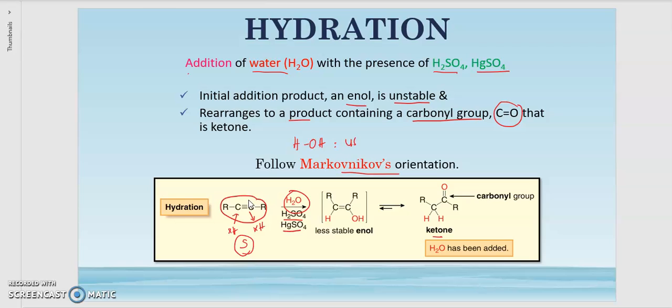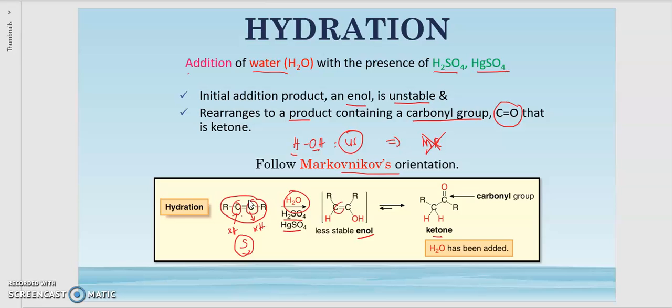Since one is symmetrical and the other is unsymmetrical, the Markovnikov rule is not applied here. It will produce a less stable enol, meaning that you can add OH and hydrogen to this carbon or this carbon. It doesn't matter because we don't follow the Markovnikov orientation. So this is your less stable enol.